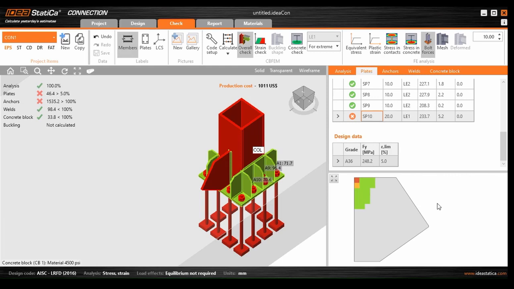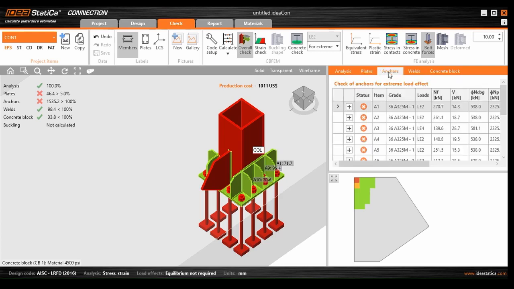But if you want to achieve a very pure plate, you can increase the thickness of the plate, or maybe the length or width of the plate to achieve what satisfies you. So, and then click on anchors here.